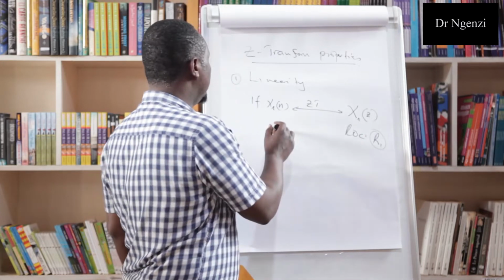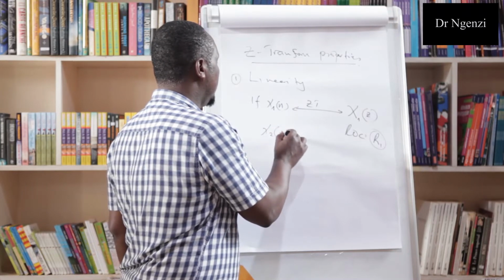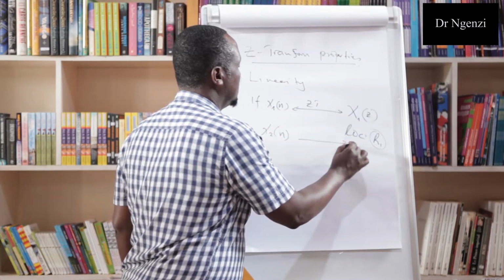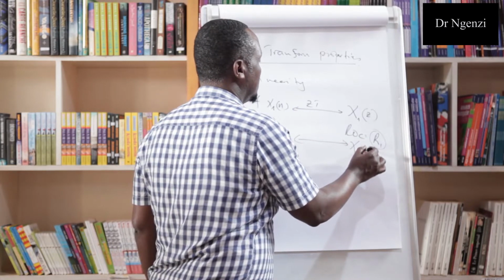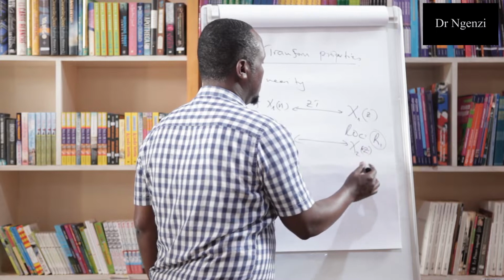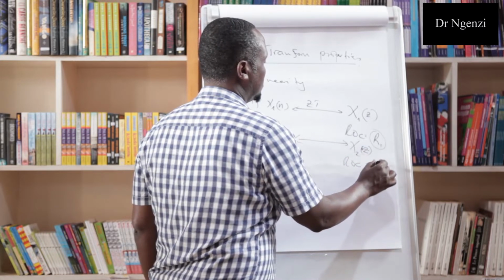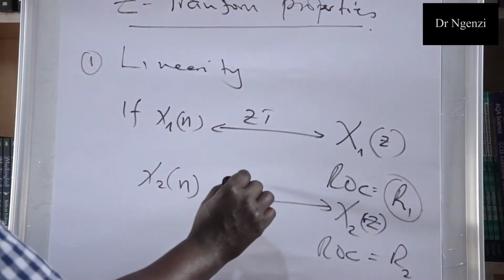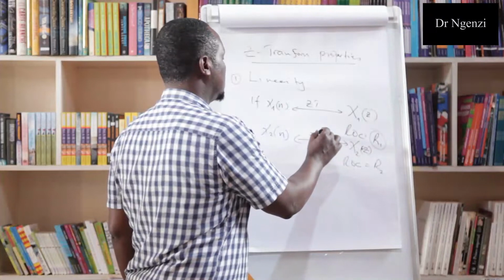If you have x2 of n, small x, converting it into its corresponding X2 of z, the region of convergence is going to be R2. That is linearity.